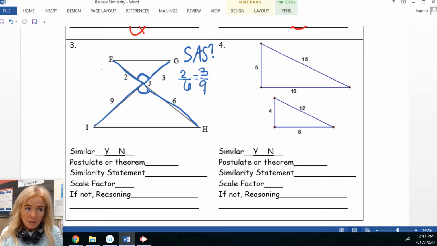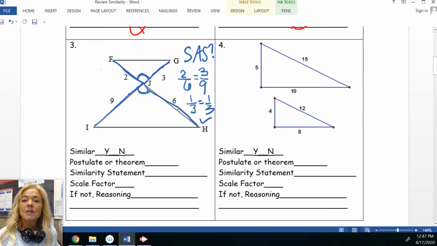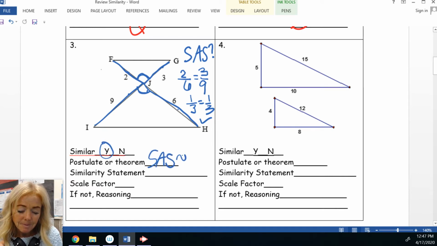We have to make sure 2 over 6 is equal to 3 over 9. All right. And 2 over 6 simplifies to 1/3, and 3 over 9 simplifies to 1/3. So those are the same ratio. The two sides have the same ratio. With it being the same proportion, then we would say yes, they are similar by side, angle, side similarity.